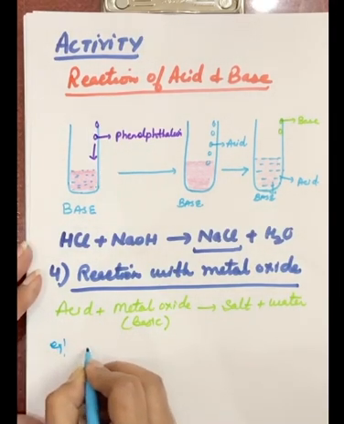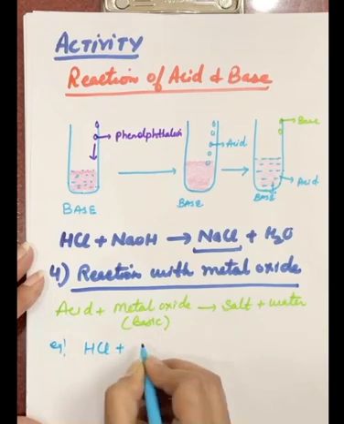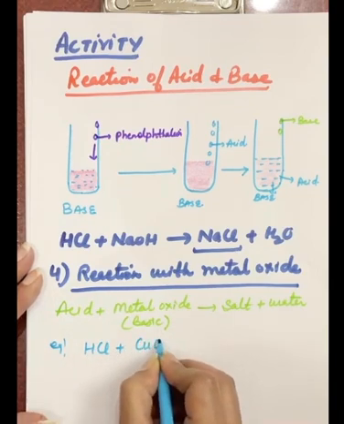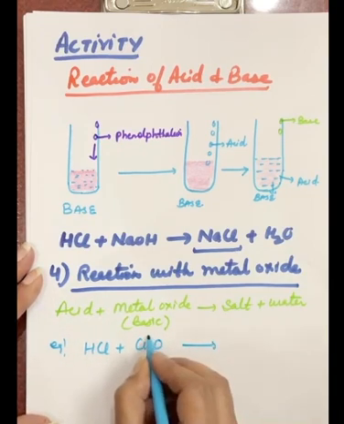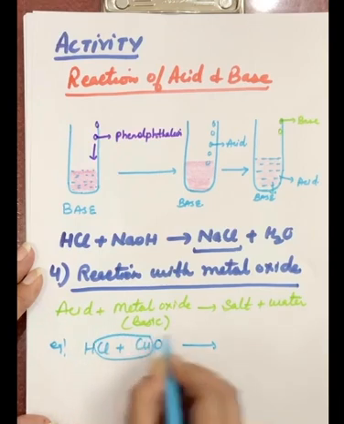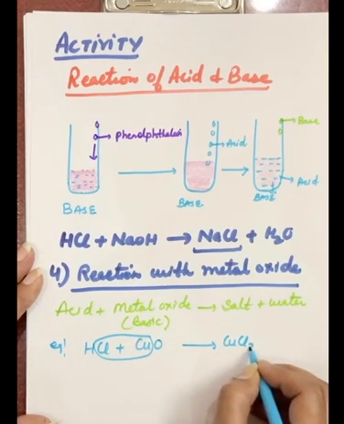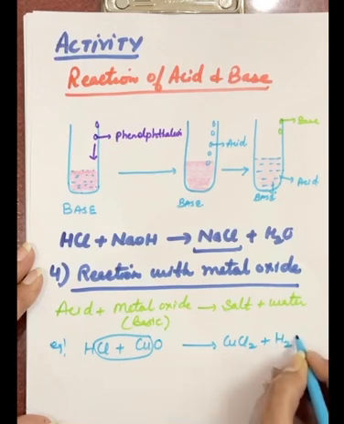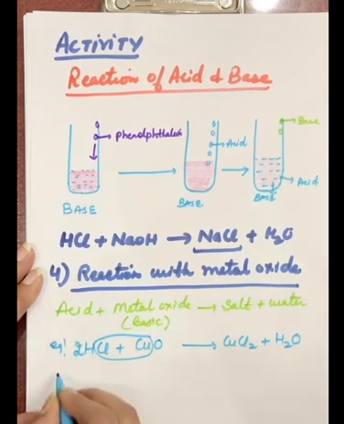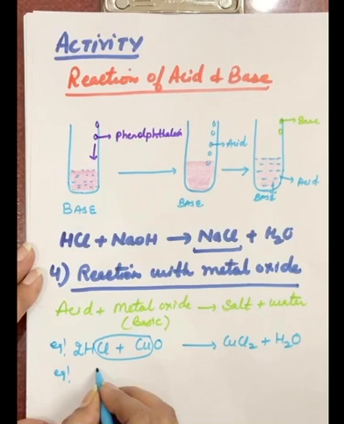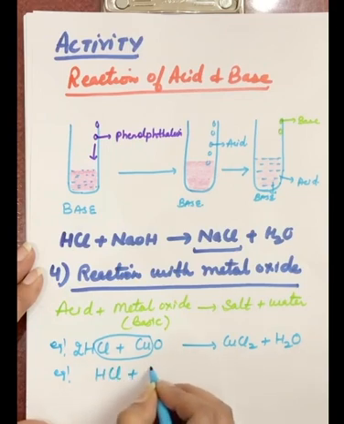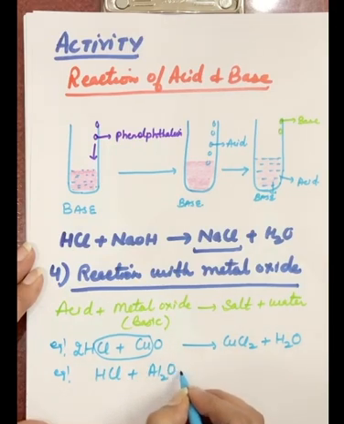Example, acid is HCl, metal oxide, let's say copper oxide we are taking here. They react and a salt formed here is copper chloride, along with the formation of water. One more example of this is, we'll take HCl, but now the metal oxide I'm taking is aluminium oxide.